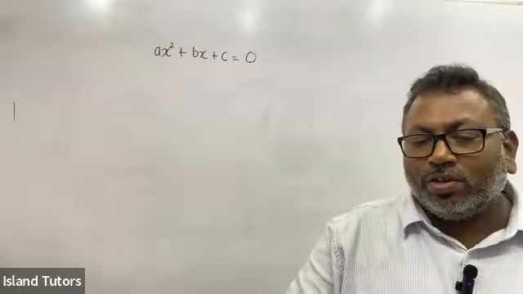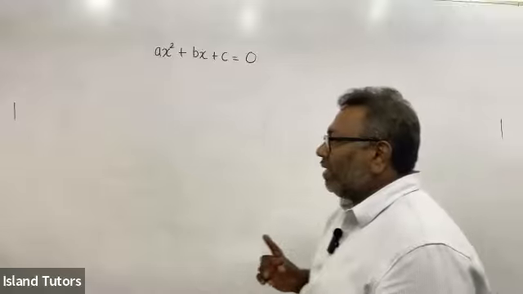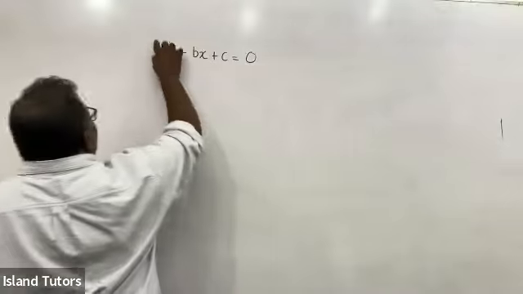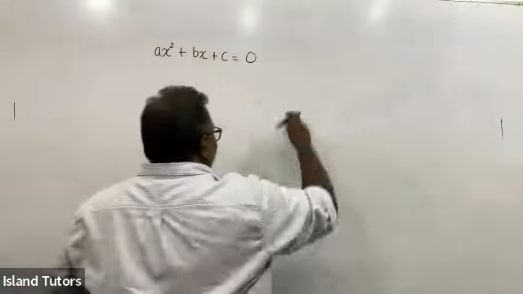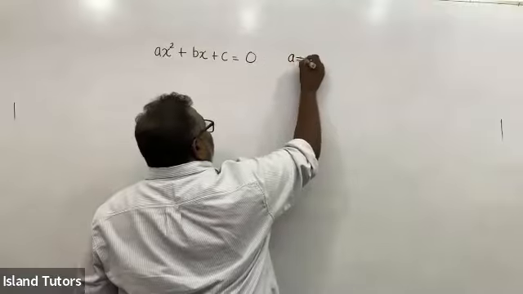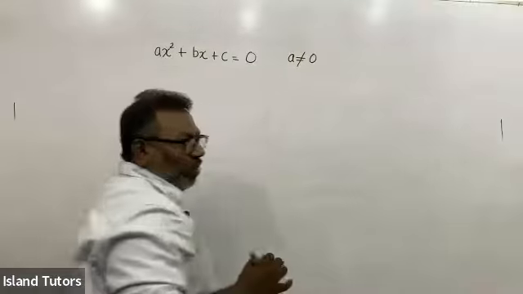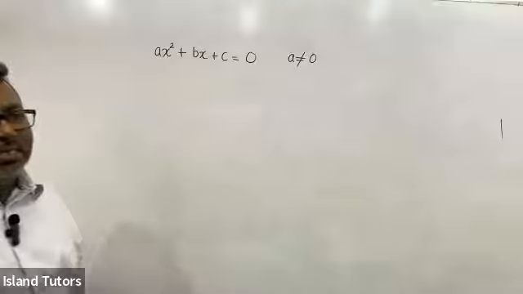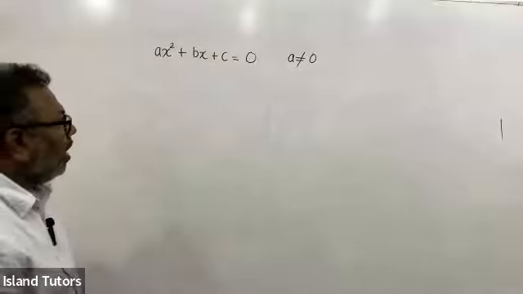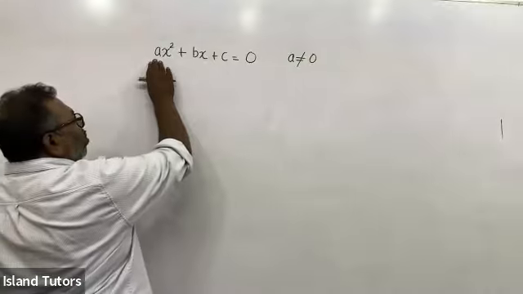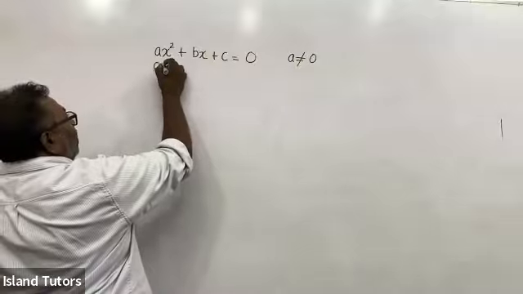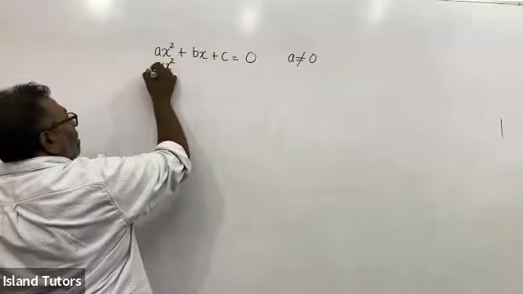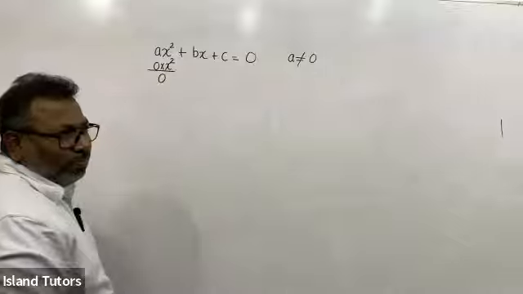So remember very carefully, the value of a will always be not equal to 0. So it can't be a 0. Why? Because if a becomes a 0, then 0 into x squared becomes 0.